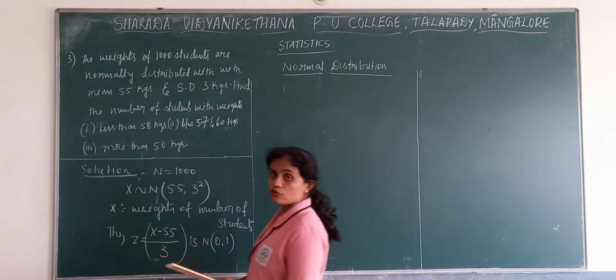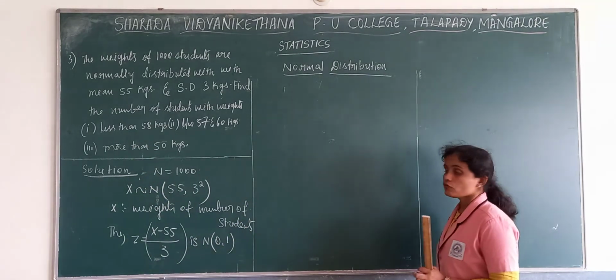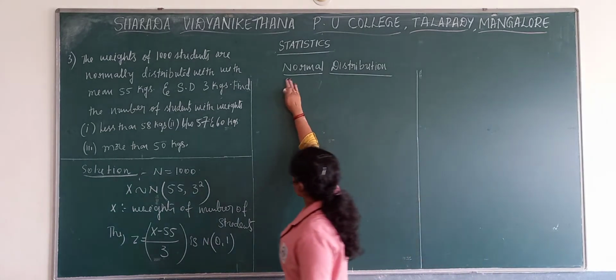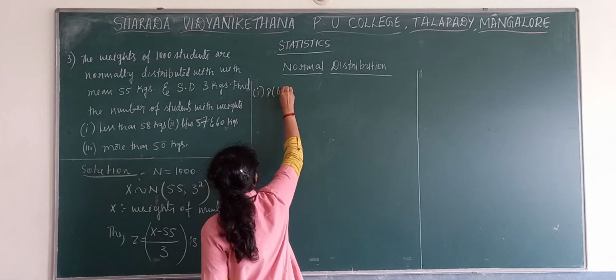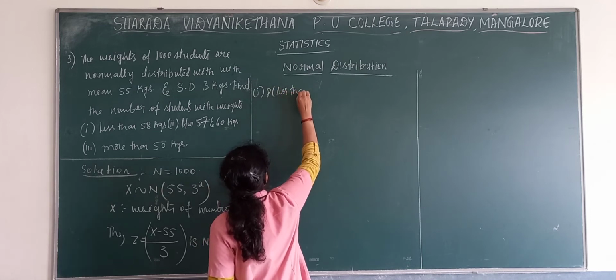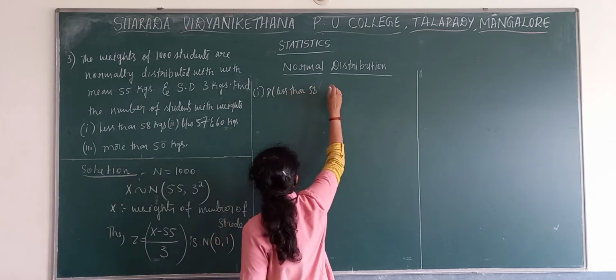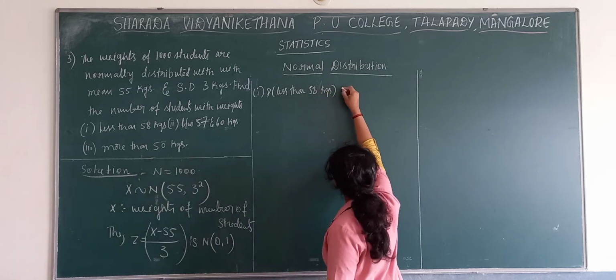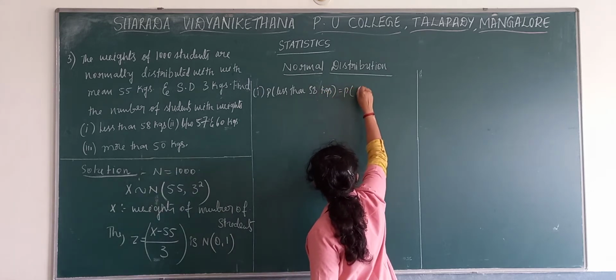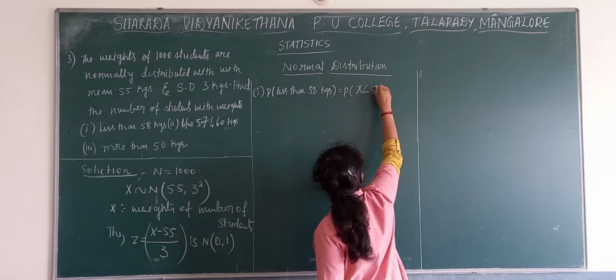Now go through the first question, less than 58 kgs. Write there symbolically P of x is less than 58.